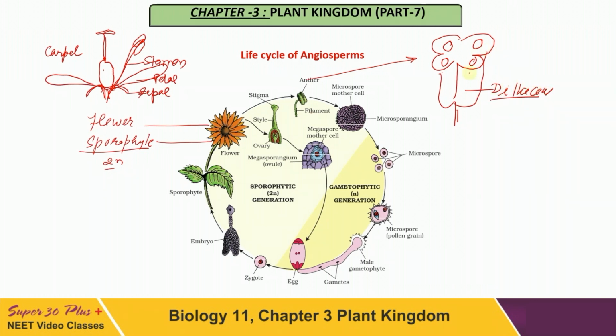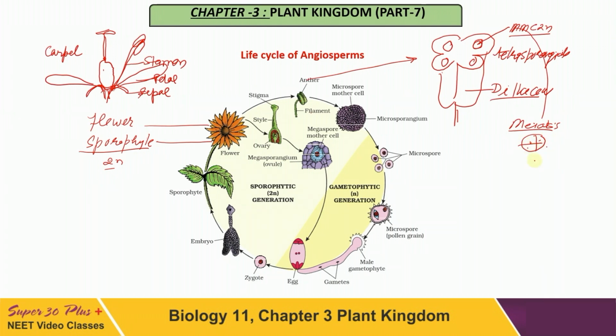It has 4 microsporangia, so we may call it tetrasporangiate. Now what will happen here: in the microsporangia there are microspore mother cells, which have 2n number of chromosomes. They will divide by meiosis, as a result of which 4 microspores will be formed.